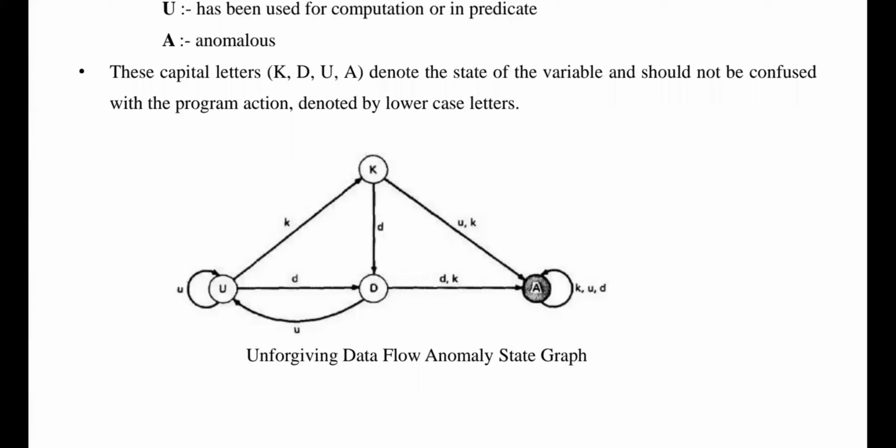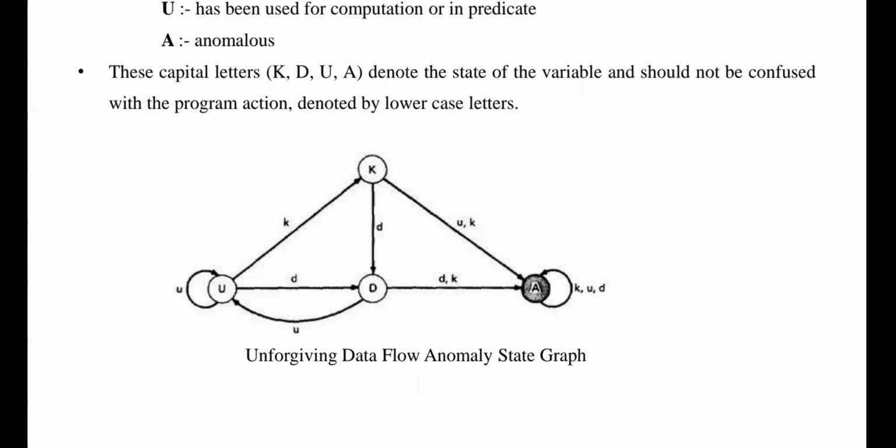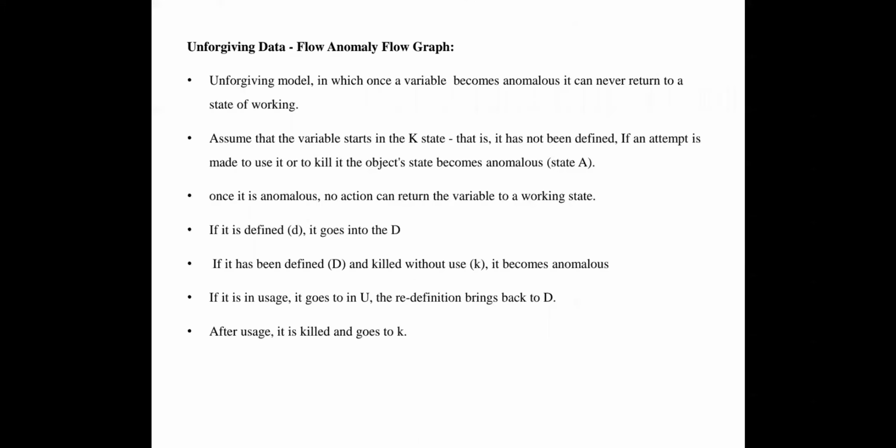You have to represent the nodes in capital letters and the actions in small letters. The usage will have a loop repetition, because usage can be done repeatedly. If you are going in a loop, then usage will be done repeatedly. Okay, so we will see the points according to this particular graph.